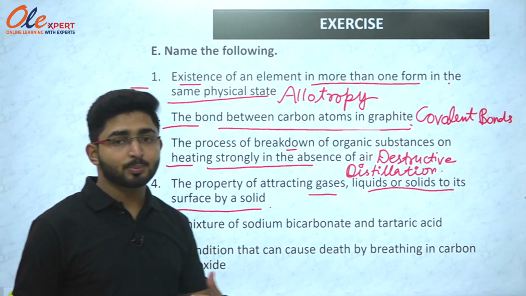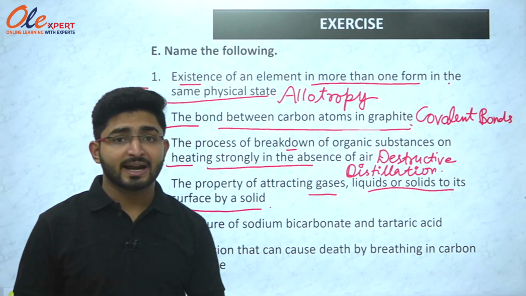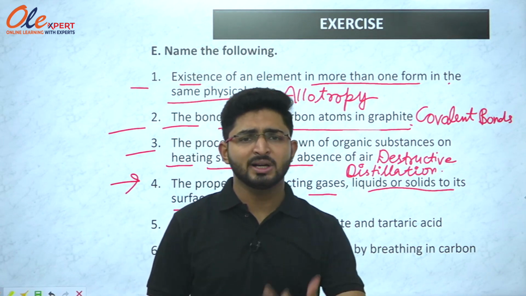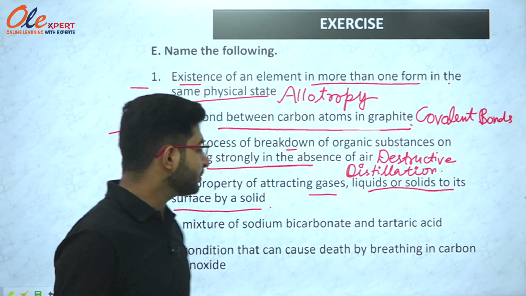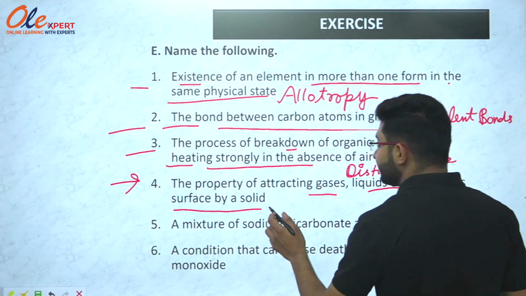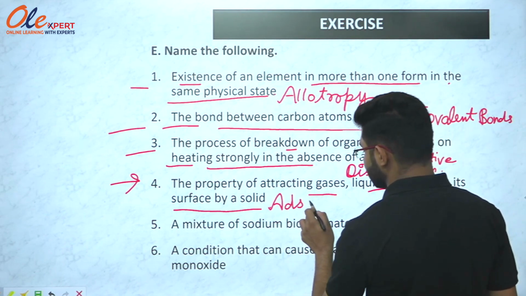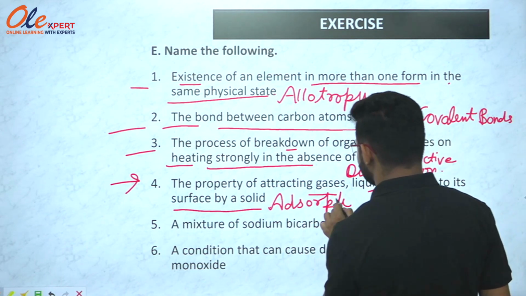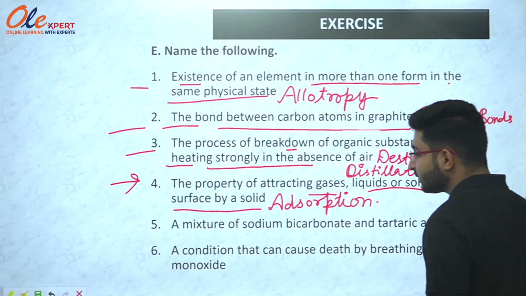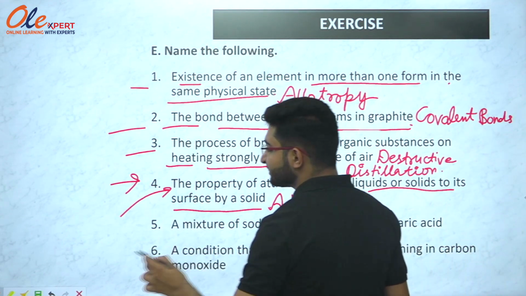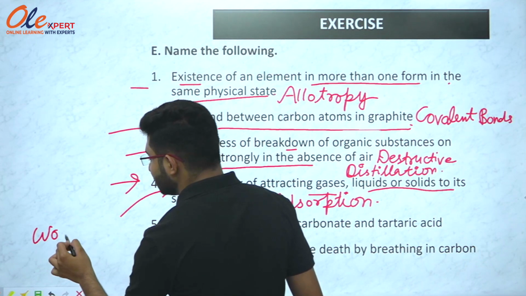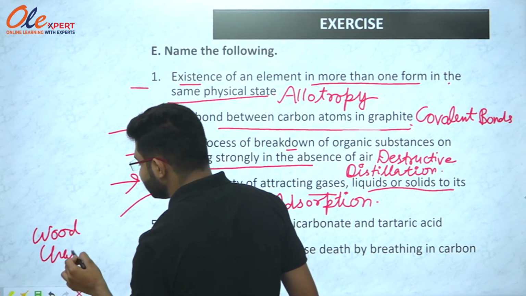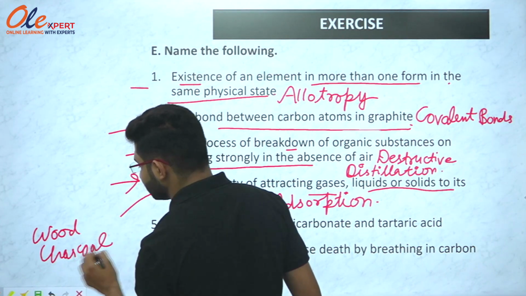So we have studied that the property of attracting liquids, gases and solids on its surface is known as adsorption. So you can write here adsorption. And this property is possessed by wood charcoal. Obviously we have studied about this.